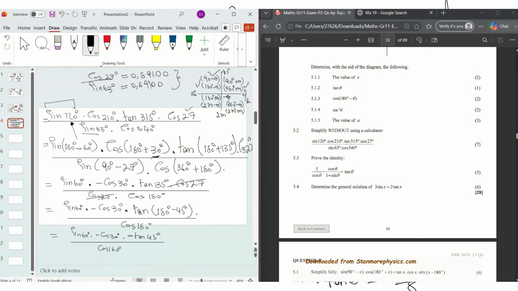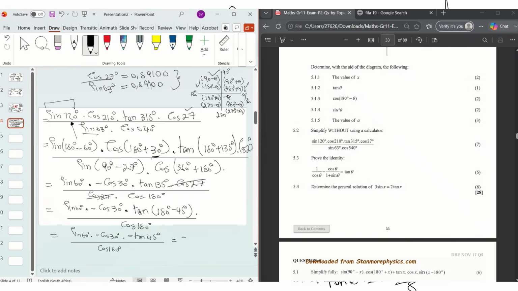Now guys, we have special angles here, so you can just put it directly in your calculator. You can divide everything in your calculator. So we have sine 60 times negative cos 30 times negative tan 45 divided by cos 180.